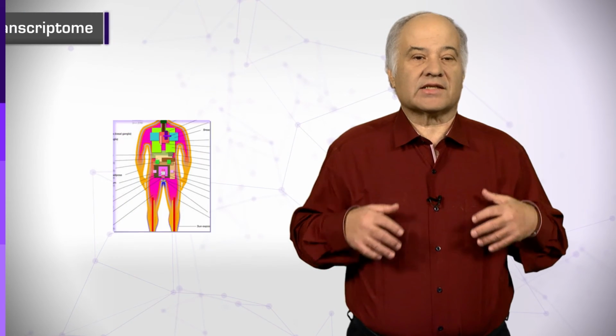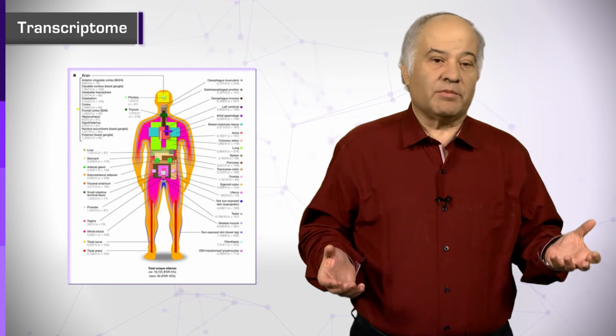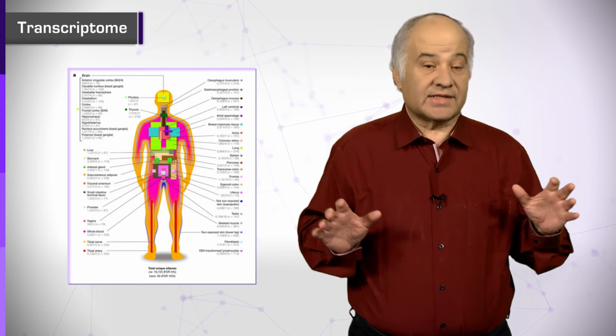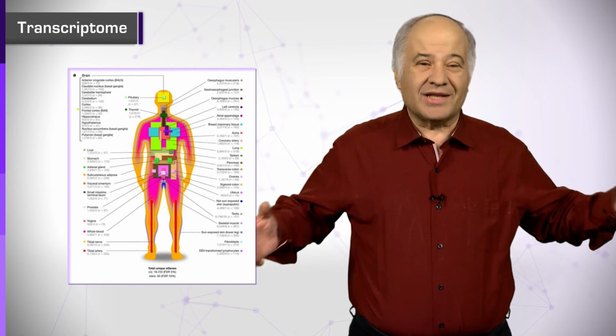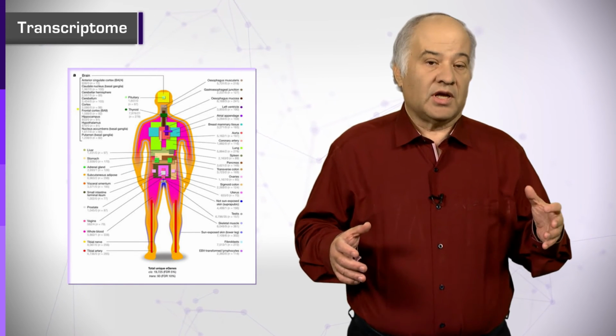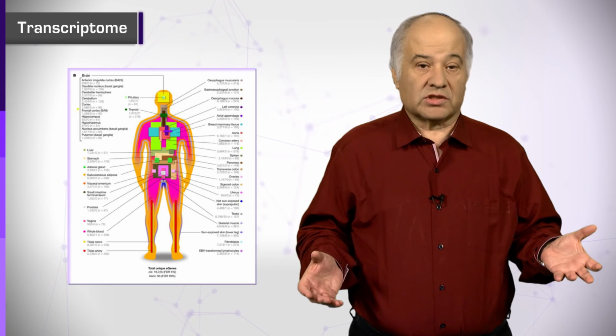However, the transcriptome, the ensemble of messenger RNA that each cell transcribes, is dynamic. It can vary dramatically between each cell type and even for the same cell type under different conditions, such as stress, disease, or upon aging.